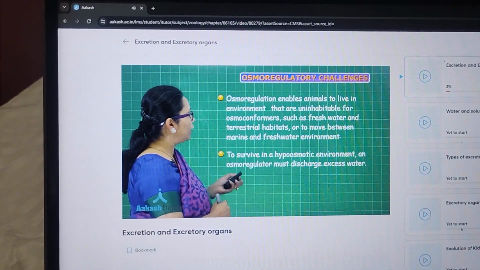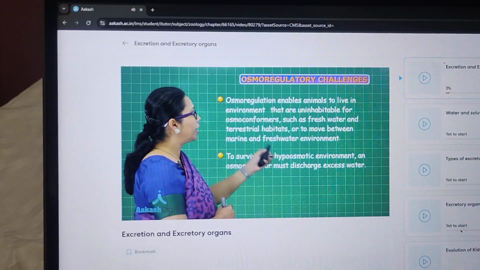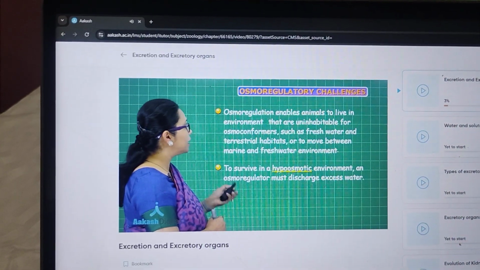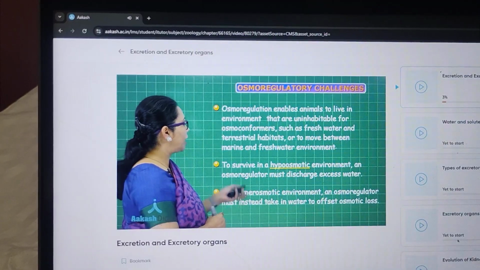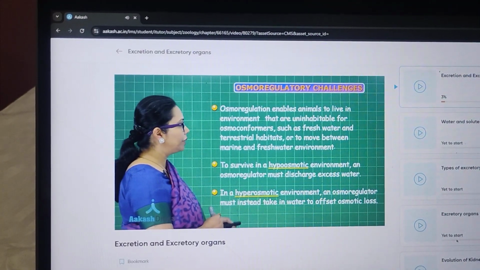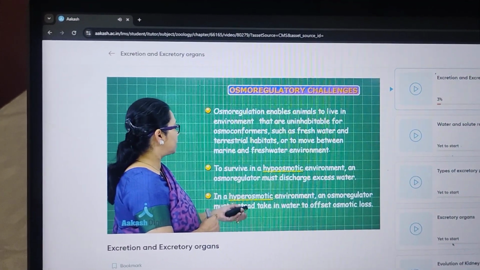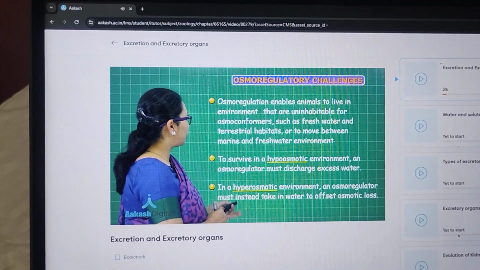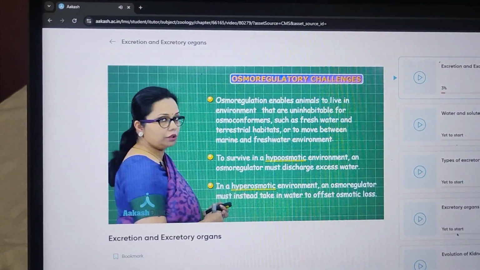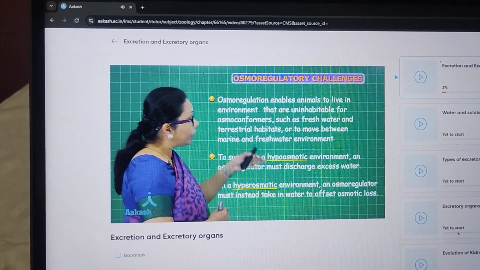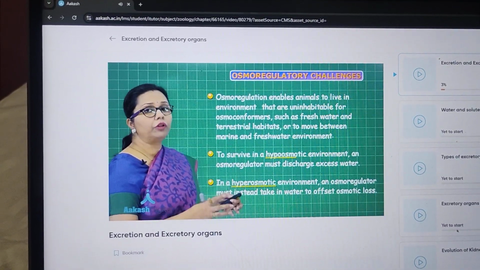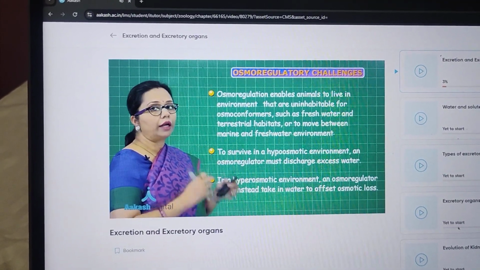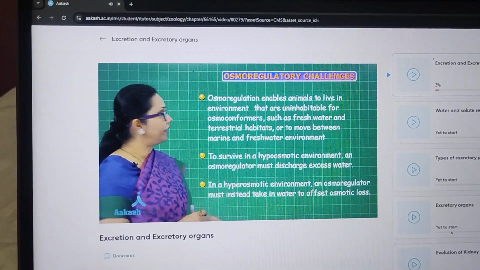If they are in a hypoosmotic environment, they'll have to discharge excess water, and if they are in a hyperosmotic environment, the osmoregulator will have to take in water. So here they have to expend energy in maintaining. Whenever there is regulation, there has to be expenditure of energy.